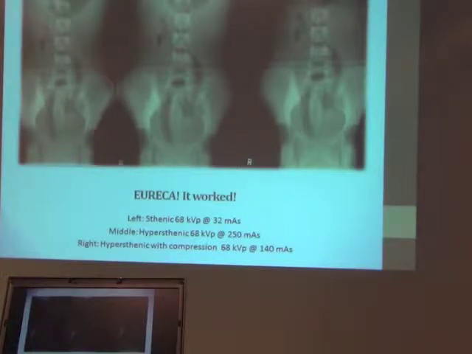For the hypersthenic patient, we had 68 kVp and 250 mAs, which is over a 600% increase. But when we were able to compress the image, we were able to decrease the mAs to 140, which, while not as good as you might get with a sthenic patient, is a 44% reduction.